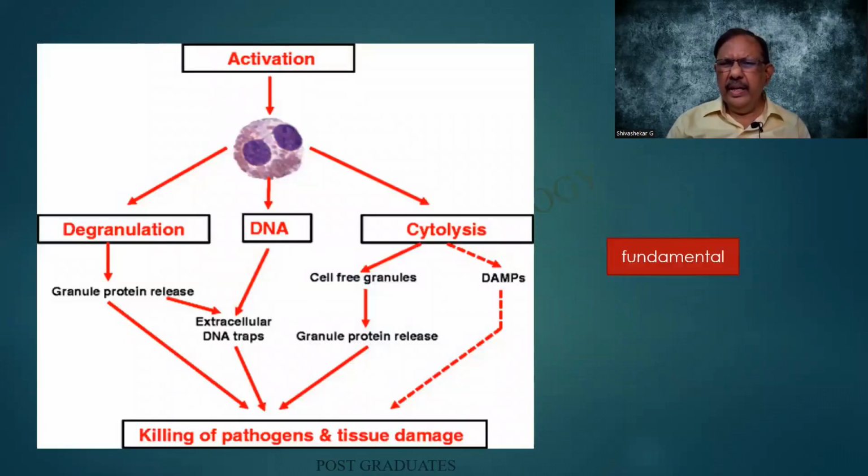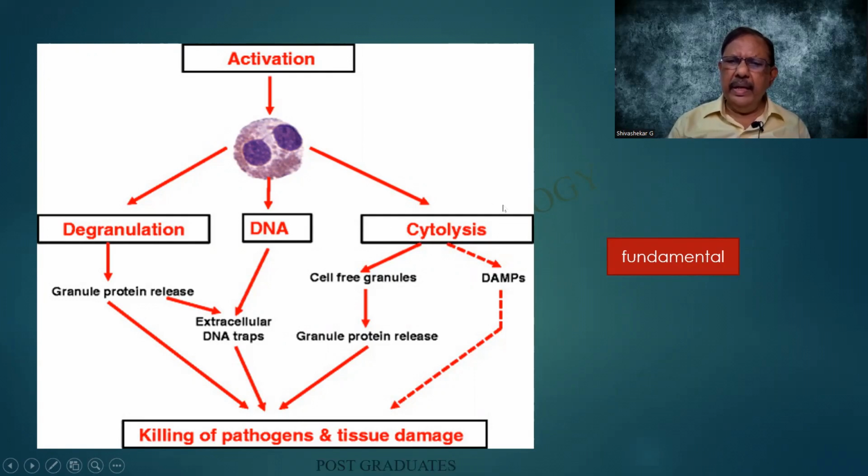This is again a very, very schematic and down-to-earth flowchart. On being activated, you find that the eosinophil can undergo a degranulation. A lot of granules are present within the eosinophil, and these get released. Also, the DNA is stimulated, which leads to extracellular DNA traps.